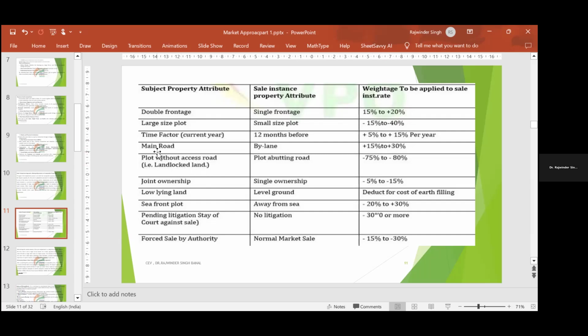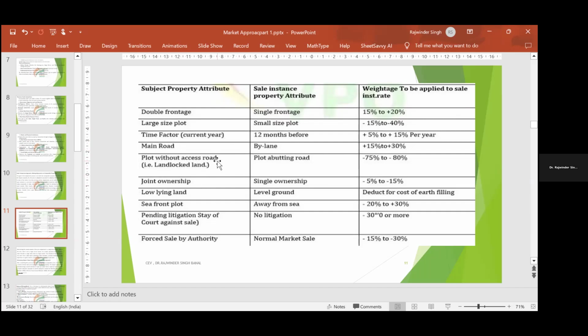Then main road. Let us suppose our subject property is situated on the main road, then the comparable was on a by-lane, on a small inside road. So 15 to 30% weightage can be given.